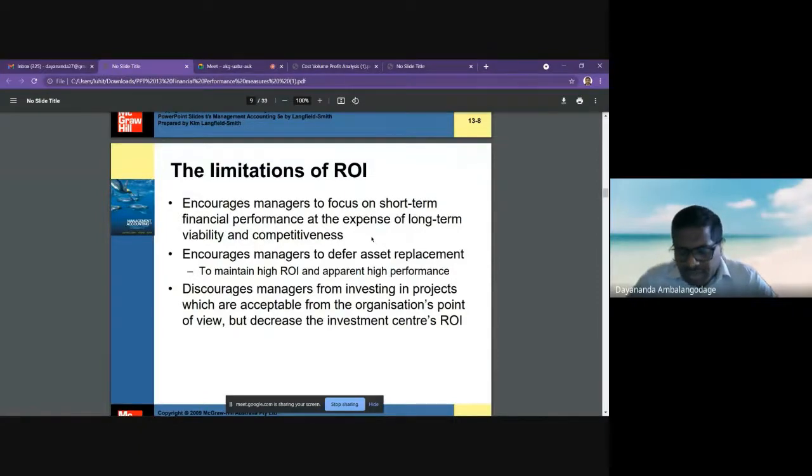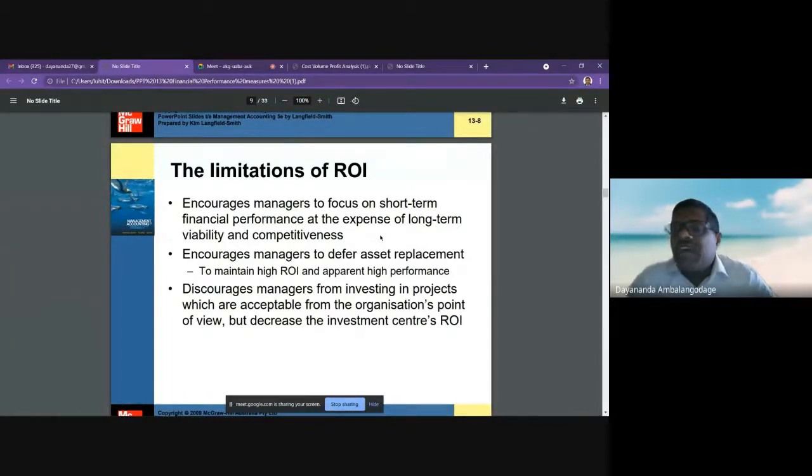It's a short-term measurement. So when you manage this business, if you measure the performance based on profit, that is ROI, your focus is not the long run. Your longer-term viability and competitiveness is ignored.